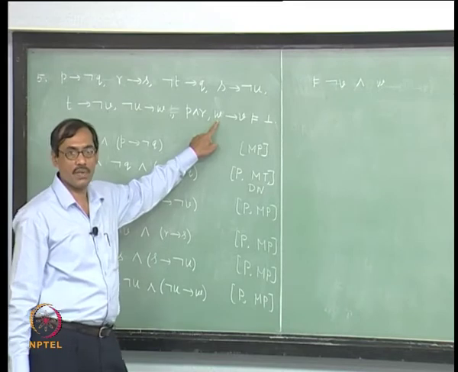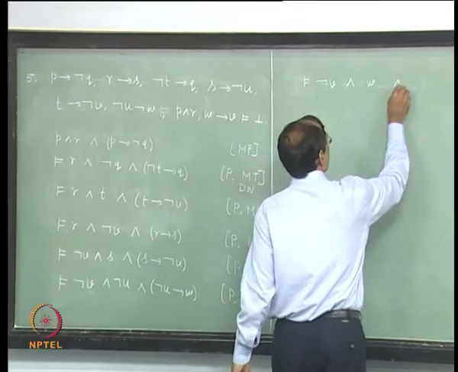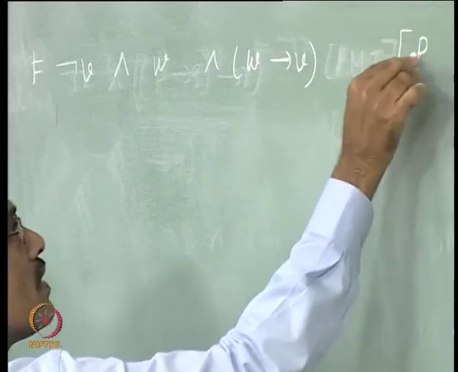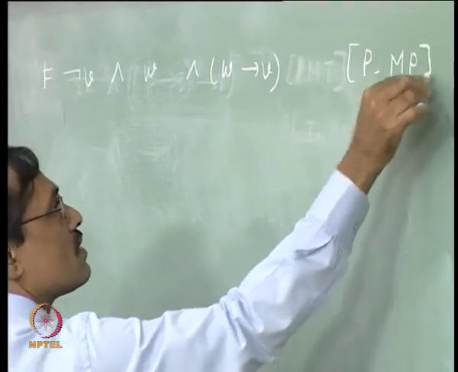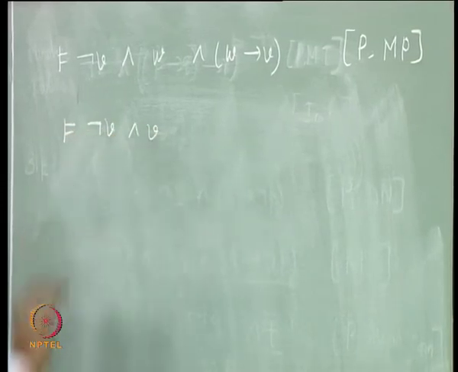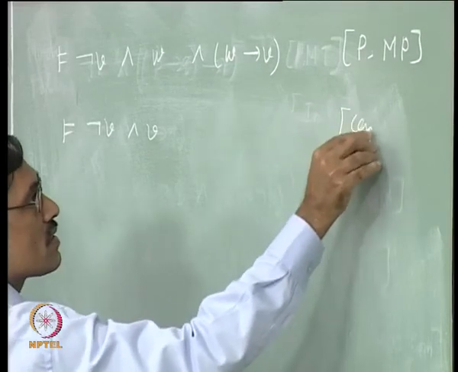Next step, W implies V. So, add a premise and use modus ponens. So, that gives not V and V. There we are done. So, it is the law of contradiction.